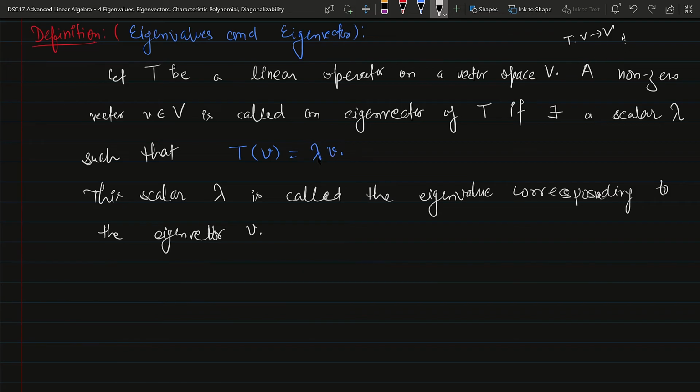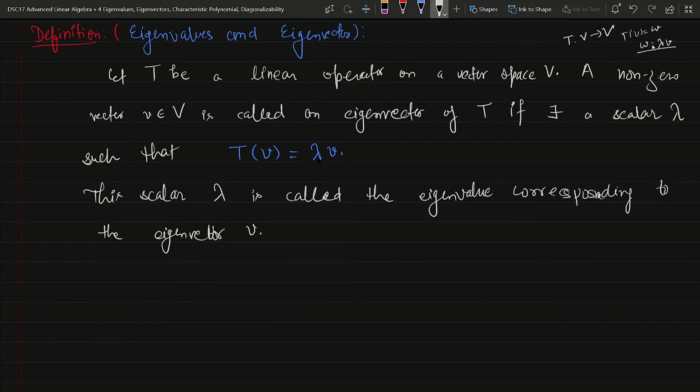Suppose T of v is w; then w equals lambda v, which tells us that w is a scalar multiple of v.